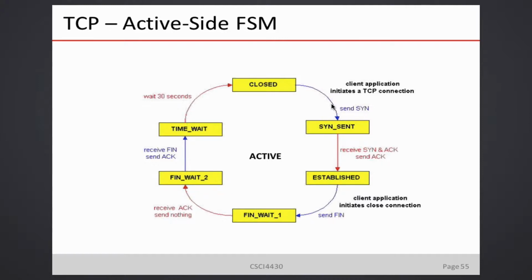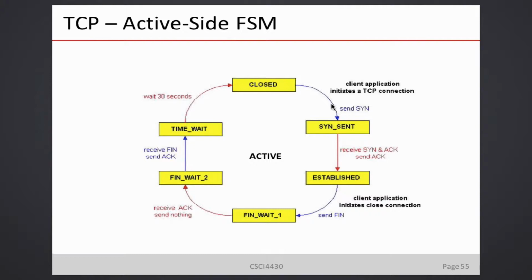On the other side, if I'm actively closing the connection, then I will enter a phase where I send the FIN. I send the FIN, and then wait for the reply from the other side, the second message. If I receive the second message, which is just an ACK, then I will enter the next phase.